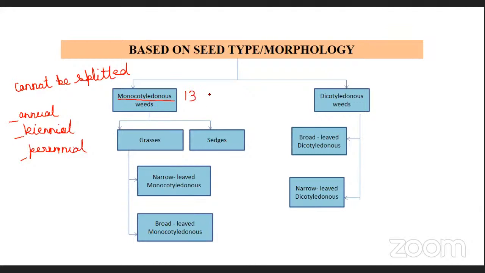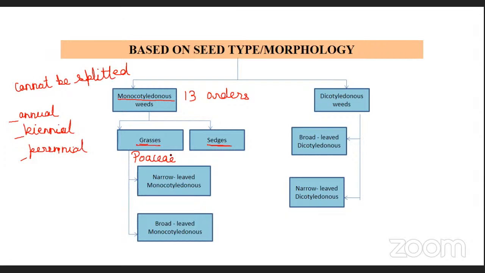Monocotyledon weeds are usually considered to have 13 orders, and are usually divided into grasses and sedges. I have started from here because I'm going to tell you about the characteristics of grasses and sedges. Grasses are usually monocotyledons and belong to the most important family, the Poaceae, or Gramineae.